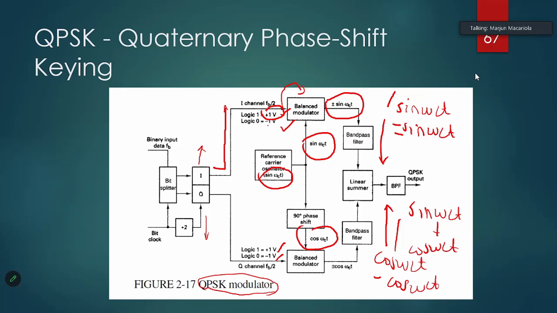Kapag logic 0, negative, edi gamitin mo si negative para makuha mo si negative sine. Di ba? Or iba yung tanong mo? Self-explanatory, pero kapag logic 0, that is negative. And logic 1, that is positive. Is it sa question po na paano po namin madidetermine kung negative or positive? Yun po yung pinaka question.